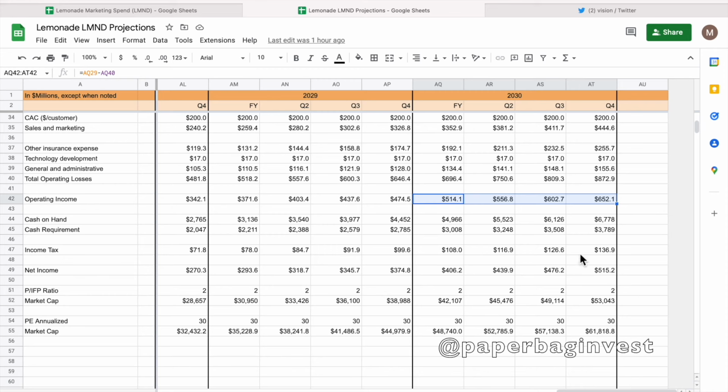And you take out some money for taxes. After tax, you're talking $1.8 billion on a yearly basis by 2030.